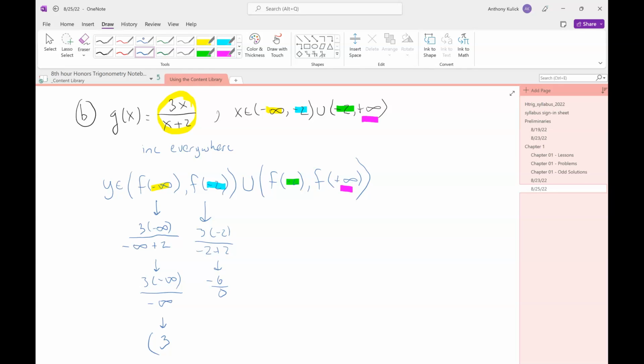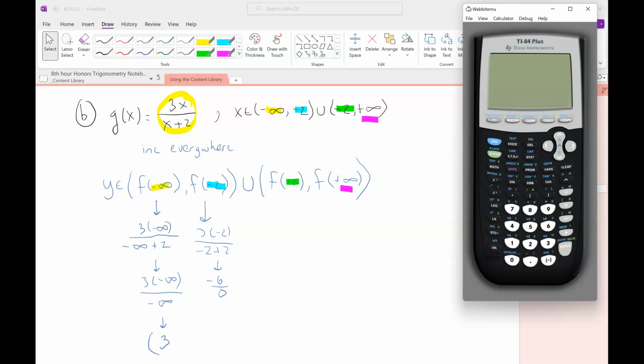But as I divide by numbers closer and closer to 0, what's happening to the value of that fraction? Well, let's just illustrate numerically. So let's say I have negative 6 divided by 1. Then negative 6 divided by 0.5. And then negative 6 divided by 0.1. And then negative 6 divided by 0.01.